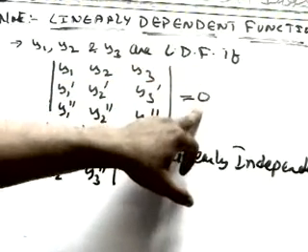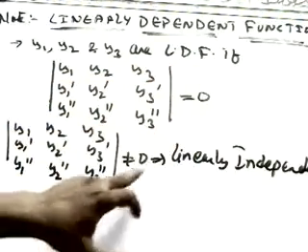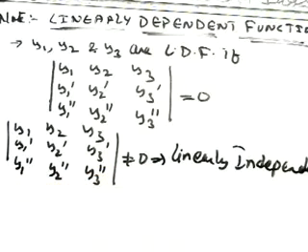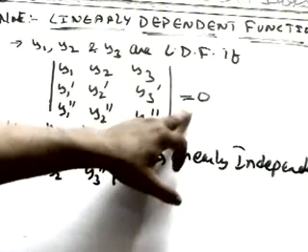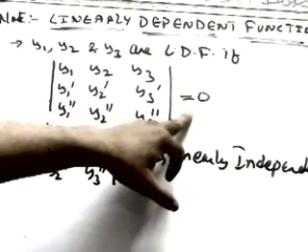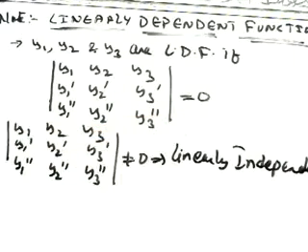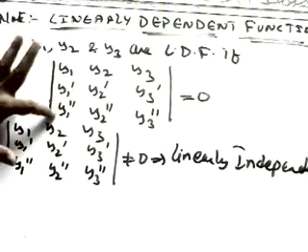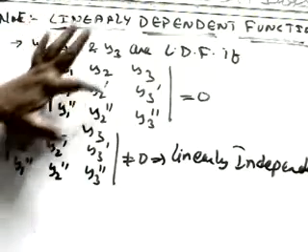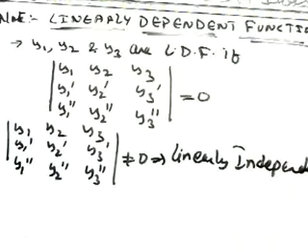Linearly dependent functions if the determinant is 0. Also, if the determinant is not equal to 0, we say the functions are linearly independent. That is, we have to find y1', y1'', similarly y2', y2'', y3', y3'', and find the determinant. If the value is 0, we say linearly dependent. If the value is not 0, we say linearly independent.